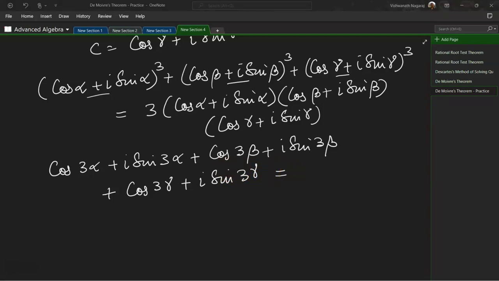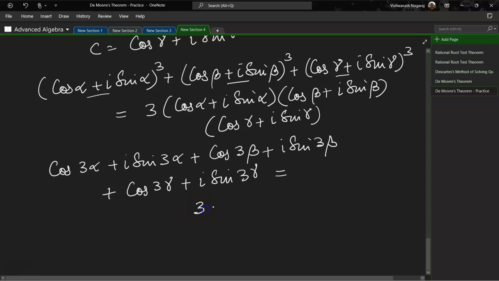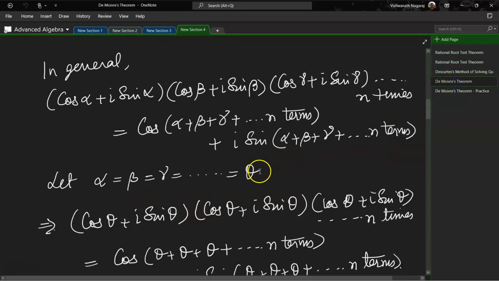hand side? 3 times, that is fine, but these three, what do we do? Do we start multiplying them? If you remember, in the previous session we saw (cos alpha plus i sin alpha)(cos beta plus i sin beta)(cos gamma plus i sin gamma) is equal to cos (alpha plus beta plus gamma) plus i sin (alpha plus beta plus gamma), right?